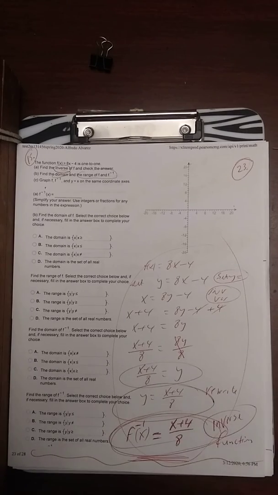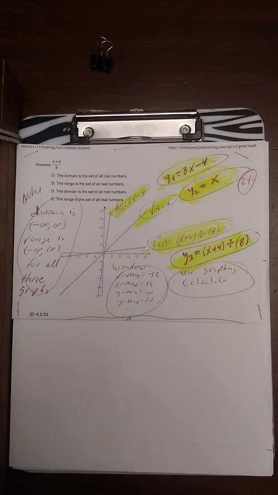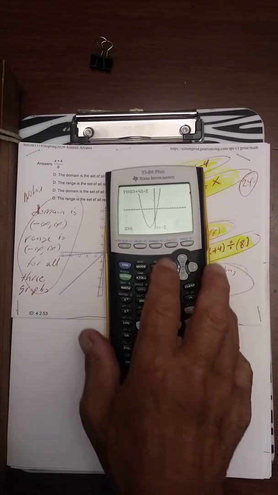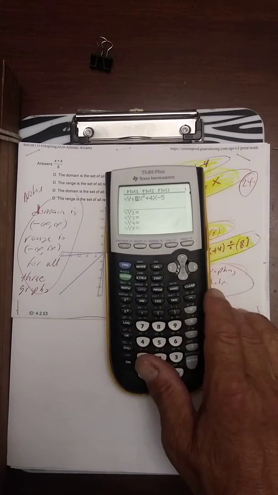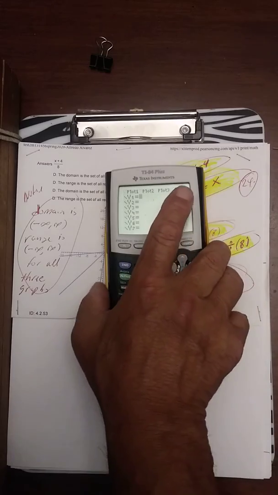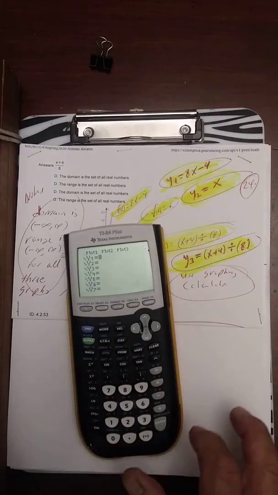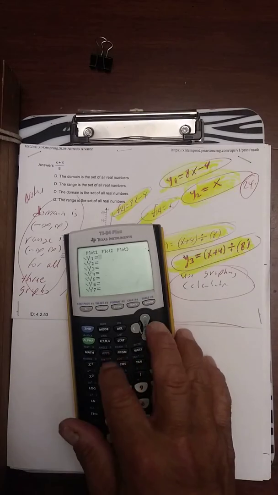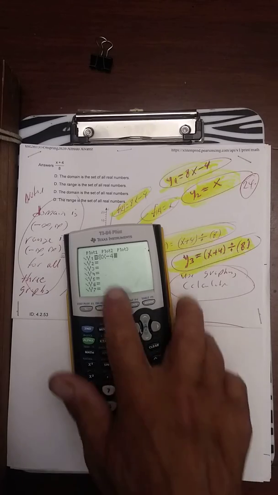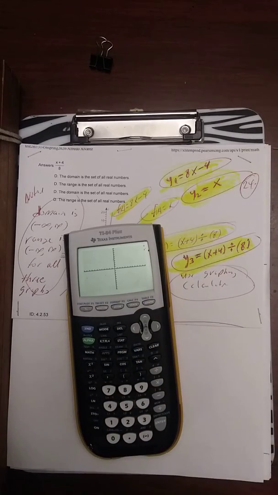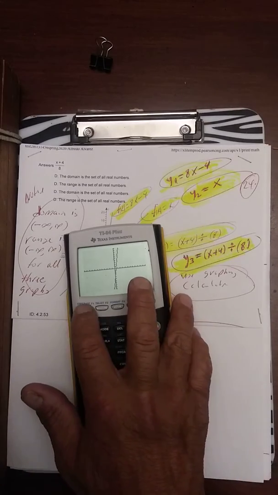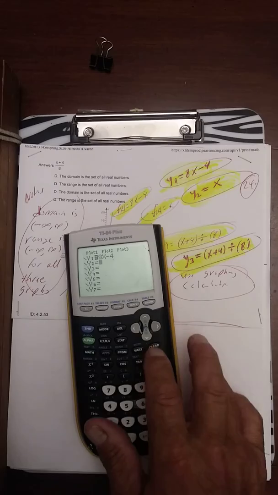So now, graph these guys. A bunch of graphs. Why don't we just do it in the machine? Let's go to y equals. Let's clear it. So now, let's go ahead and graph these guys. Here we have 8x minus 4. Graph it. We got one graph. Second one, y2 is just x.